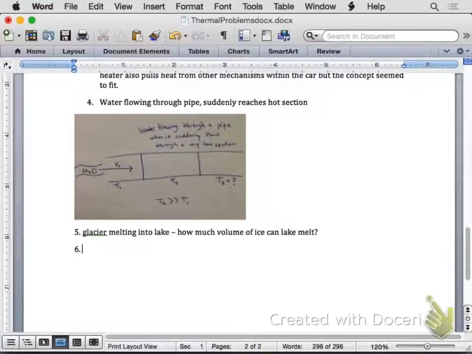Maybe it's not as hard, but another idea is, say you had a solar sail in space at some radius from the sun, and you can see it's accelerating at some small amount, and if you knew the radius of the core of the sun, you could ask what's the heat production in the core of the sun.